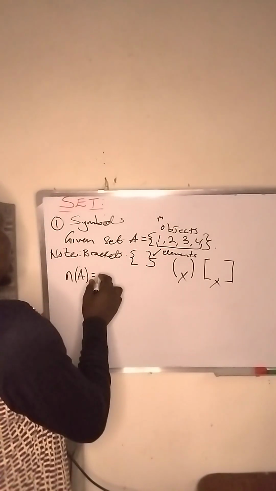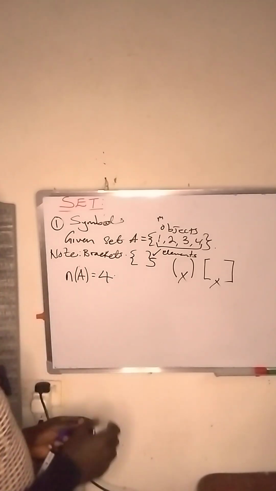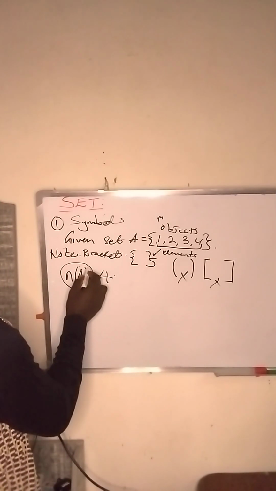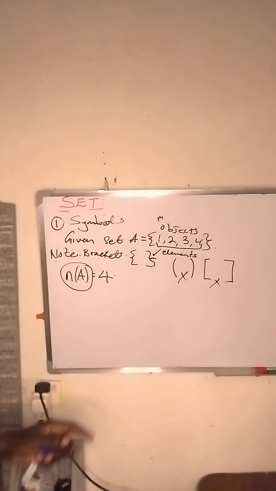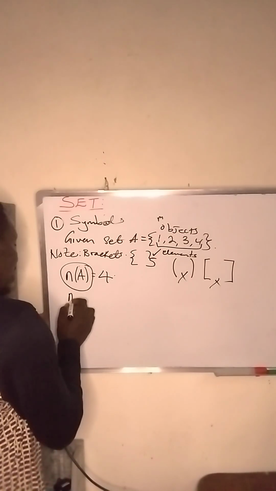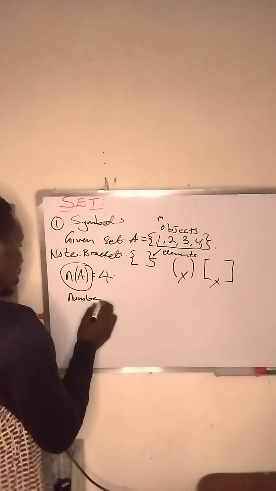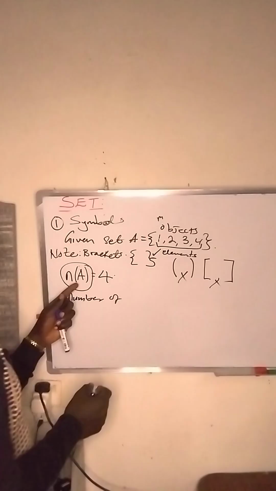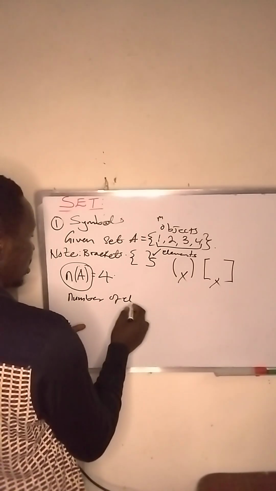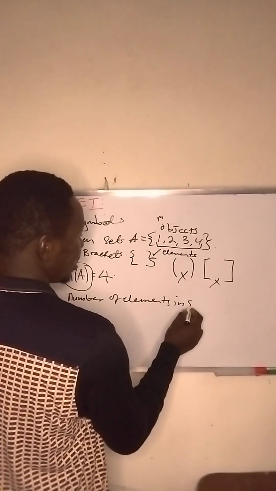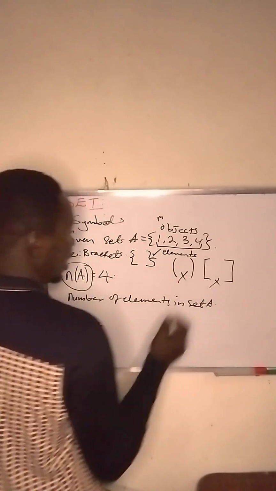Then we say the members are 4. In most cases, there is a statement behind this symbol: it says number of elements in set A.